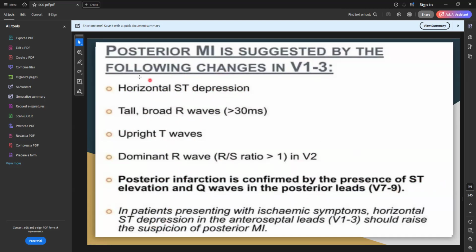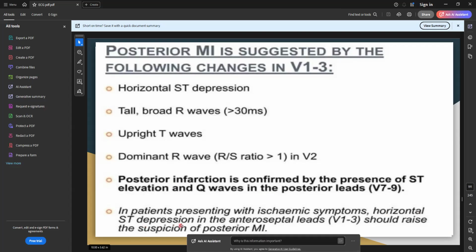Posterior wall MI patients usually present with ischemic symptoms, and there will be horizontal ST depression in the anteroseptal leads, V1 to V3. Those are the reciprocal leads.